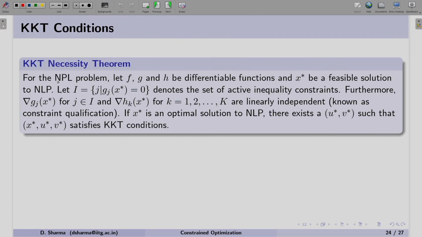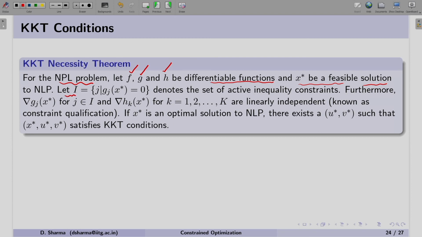First is called the KKT necessary theorem. So let us look at this particular theorem first. For the NLP, the function f is our objective function, g means our inequality constraint, and h is our equality constraint. All of them are differentiable functions, and x bar is a feasible solution to the given NLP. So let us find out which constraints are active.